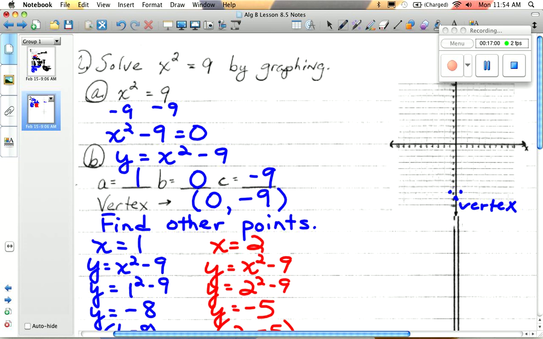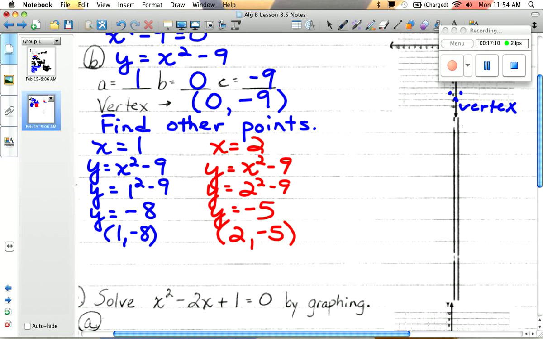We still don't have our zeros. We still don't have our zeros, do we? So now we're going to reflect that point. And so now we're going to do x equals 3. Okay. Well, hopefully we're going to eventually get it. So now we substitute into x squared minus 9. 9 minus 9.